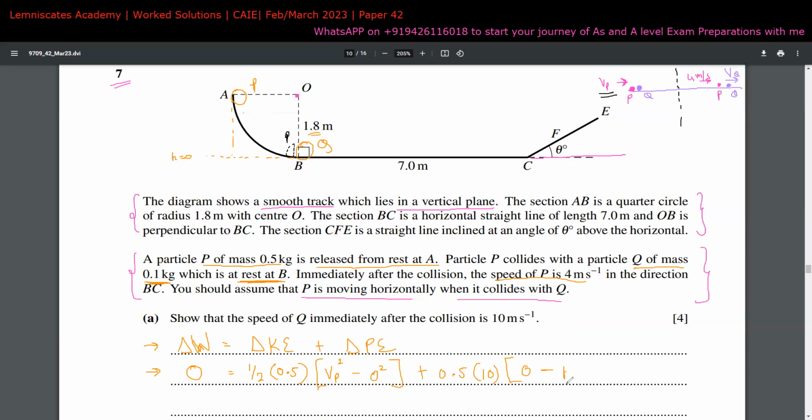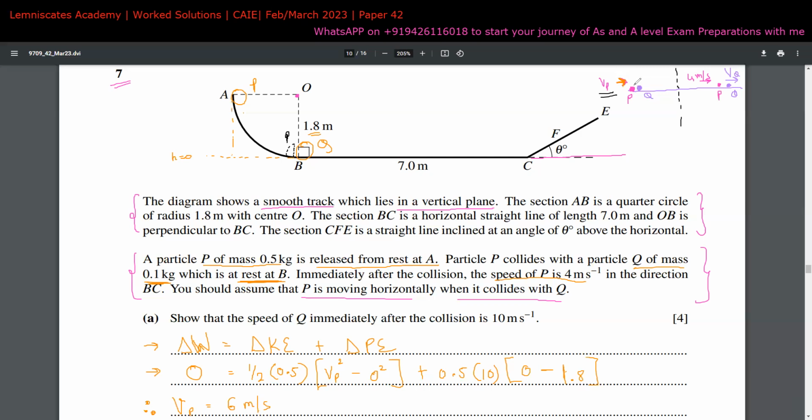So 0 minus 1.8. This becomes your final equation for the work energy theorem. And if you solve this equation, the answer that you will get for Vp is going to come out as 6 meters per second. So that's the speed that we have just before the collision over here.